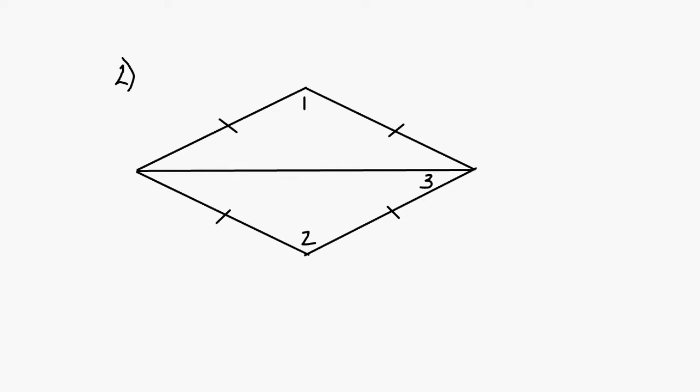All right, in number 2, you are told that the measure of angle 1, this angle up here, is 152 degrees. What are the measures of angle 2 and angle 3?